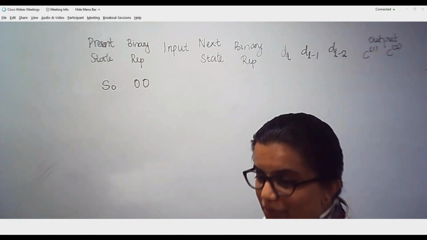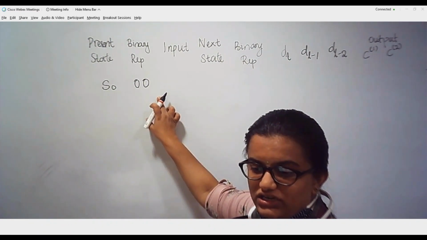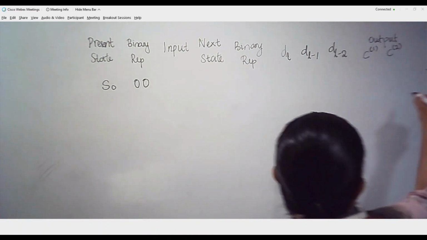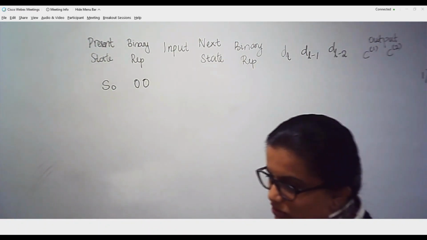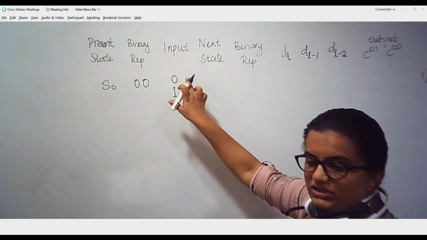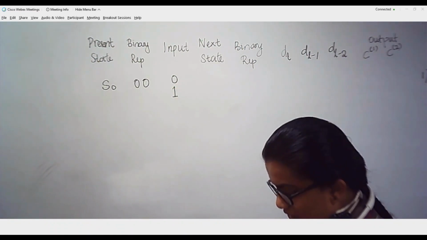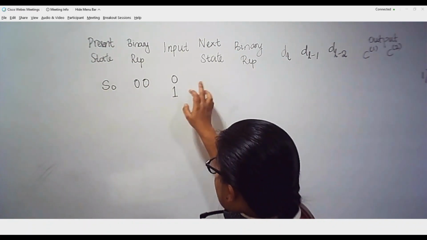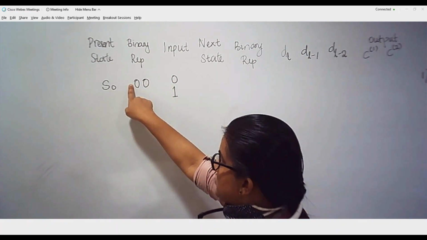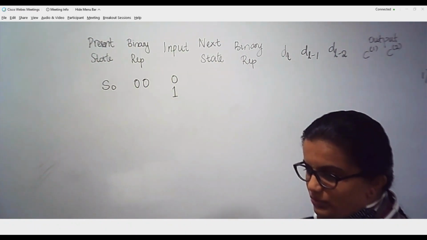Assume that currently it is in the 0, 0 state. Now there are two possibilities for the input: it can either be a 0 or a 1. If the next input bit is also a 0, then what will happen to the state of the flip-flops? This bit gets flushed out of the shift register. This comes and sits in the first position, so this gets pushed to the right. What could be the next state?